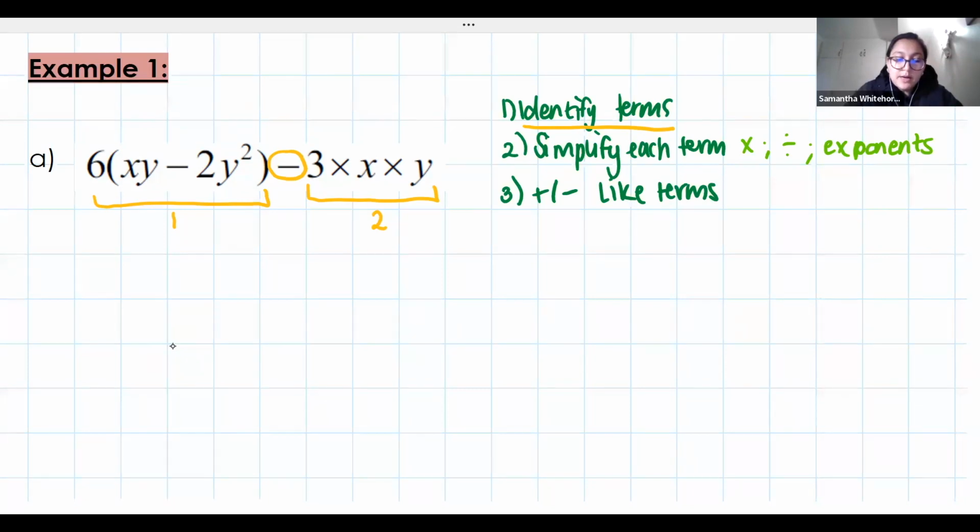Remember that when you're multiplying positives and negatives, excuse me, think about what sign you're going to end up with. Keep your answers coming through, guys.